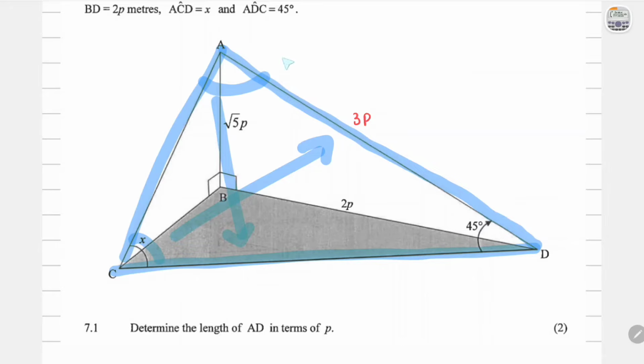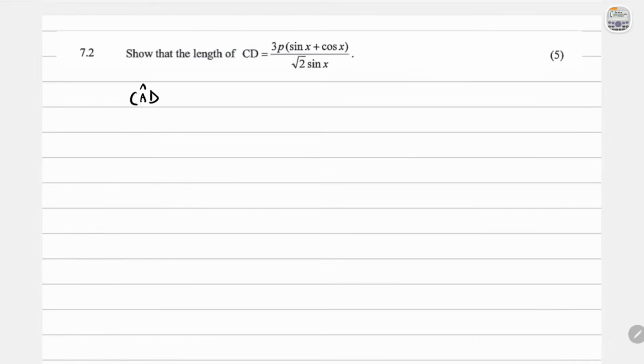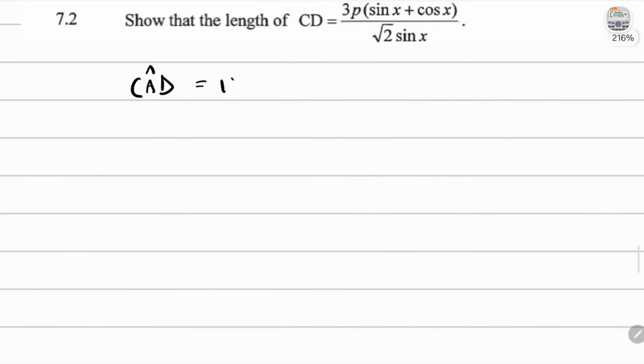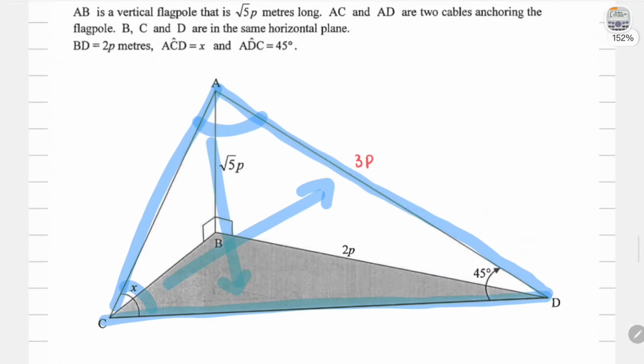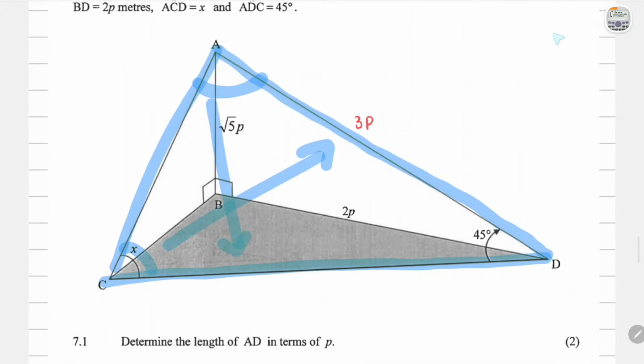Remember that the angles in a triangle add up to 180 degrees, so angle CAD would be found by saying 180 degrees minus x minus 45 degrees. That's going to be 135 degrees minus x.